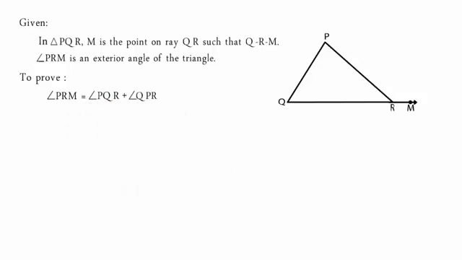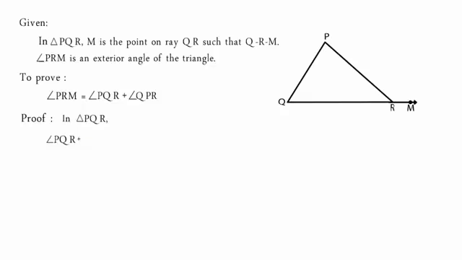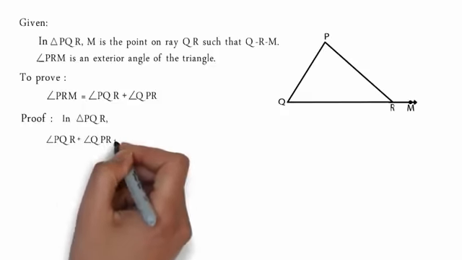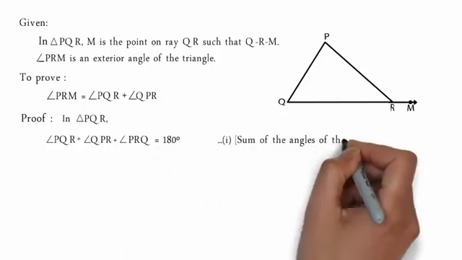and angle QPR. Proof: in triangle PQR, as we know from theorem 1, the sum of angles of a triangle is 180 degrees. Angle PQR plus angle QPR plus angle PRQ is equal to 180 degrees.